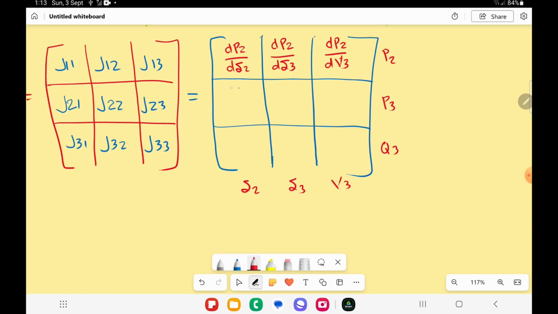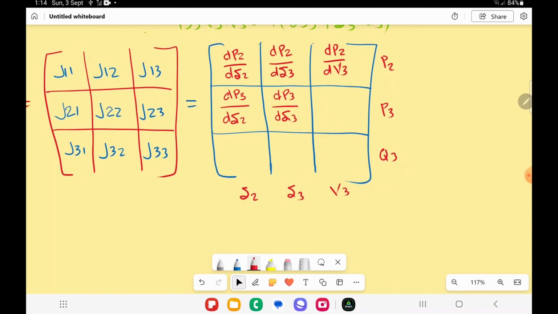So for J21, we have a partial derivative of P3 in terms of delta 2. For J22, partial derivative of P3 in terms of delta 3. For J23, partial derivative of P3 in terms of B3.